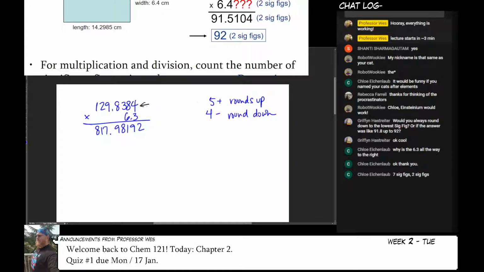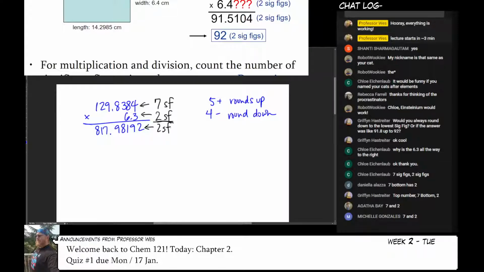Good. The top number has 7 sig figs, which I'm going to abbreviate as SF, San Francisco. And the bottom number has 2 sig figs. So our answer should have 2 sig figs because we want the smallest, yeah? So I'm going to round to 2 sig figs.